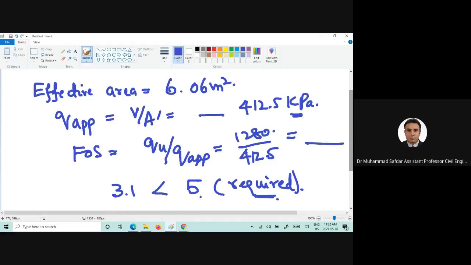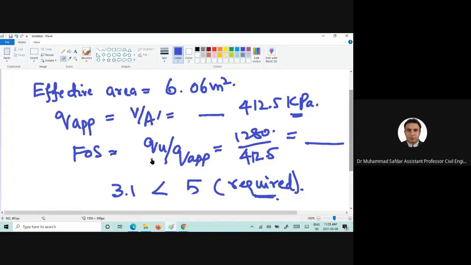We need to think again about how we can increase the factor of safety of this footing. So what's the possible solution?